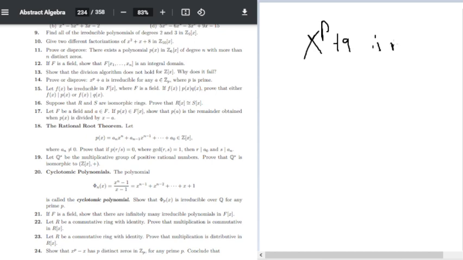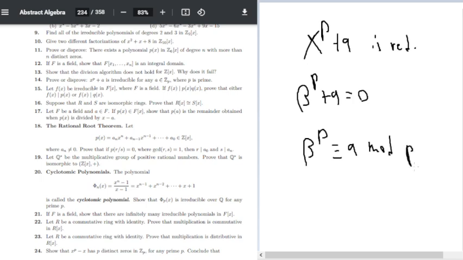This would imply that there's some beta such that beta to the p plus a is equal to 0, which is the same as saying that beta to the p is congruent to a mod p, for non-zero beta.